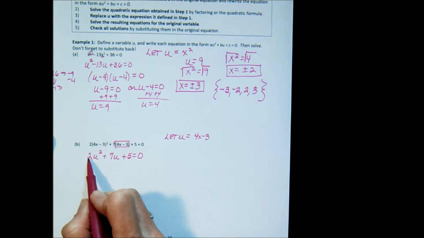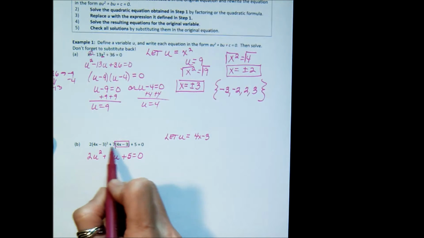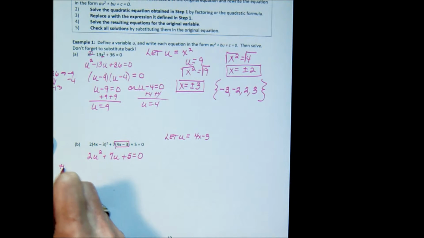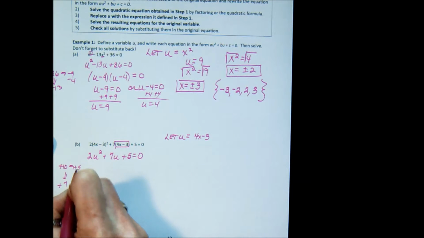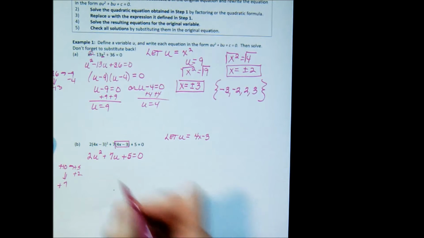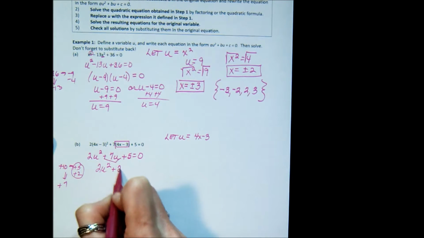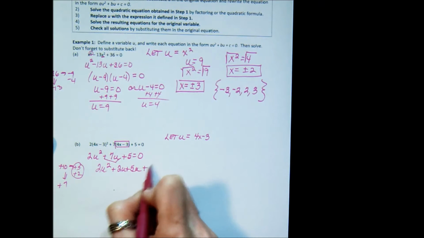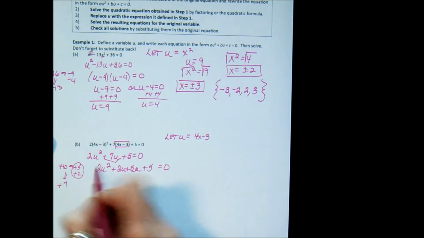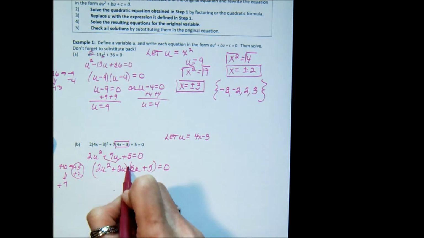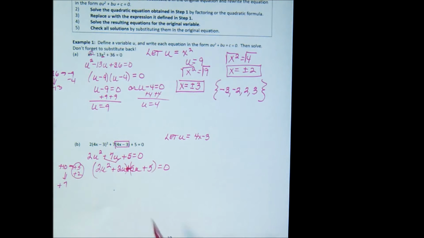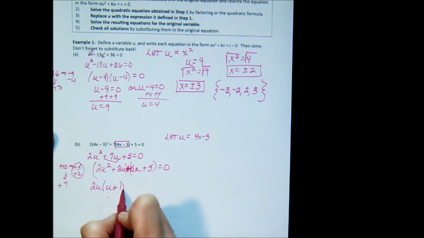This is a long process factoring if it's factorable. So I would say 2 times positive 5 is positive 10, and I want factors that add up to positive 7. I believe it is factorable, positive 5 and positive 2. So I'm going to break down my 7u into these two pieces, plus 2u plus 5u plus 5, bring down my last one, group, making two binomials with a plus in between. The GCF of the first binomial is 2u, and I'm left with u plus 1.